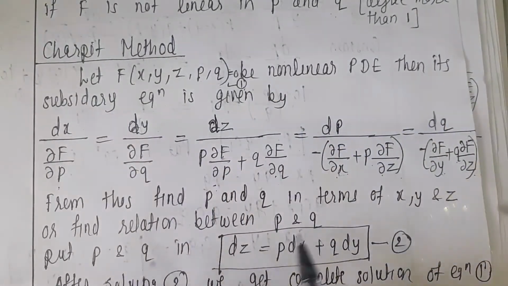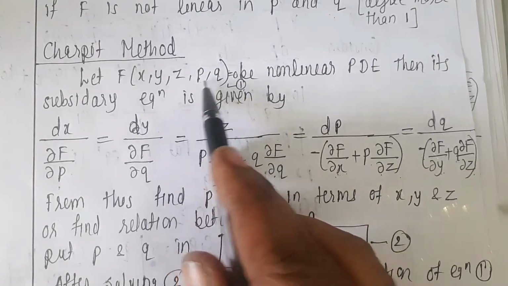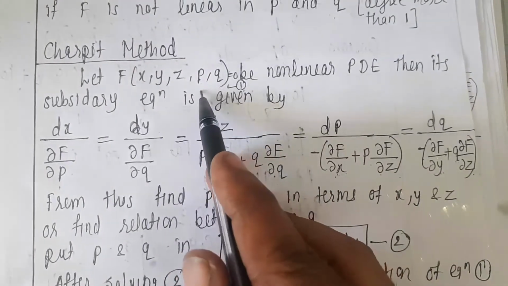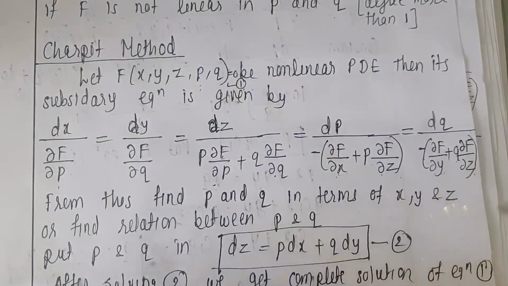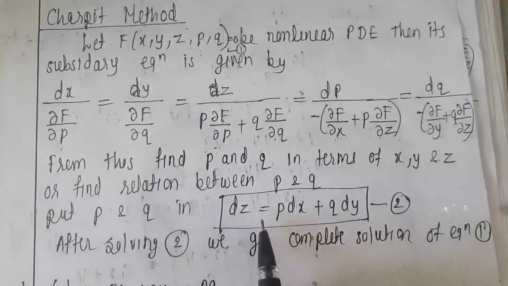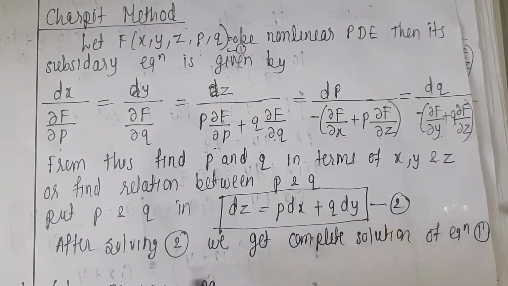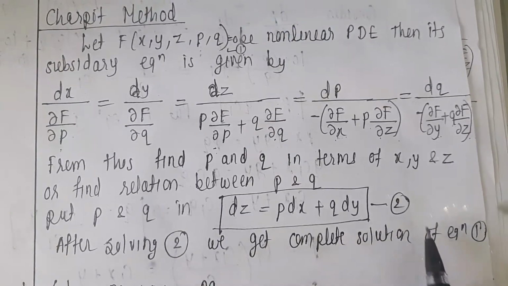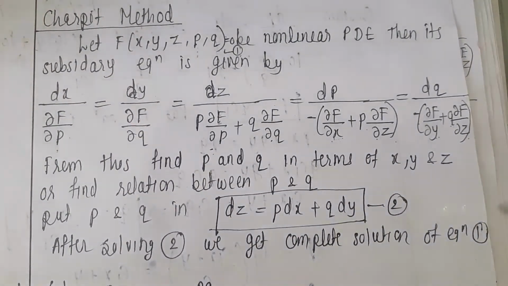Once you get the value of p, you can substitute to get the value of q, or if you get q, you can substitute in equation 1 to get p. After finding p and q, we substitute them in dz = p dx + q dy to get the complete solution of the non-linear partial differential equation.